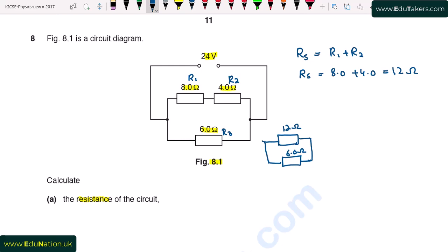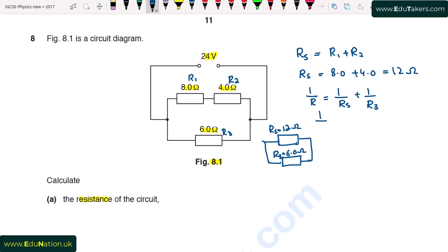Now we have to find out the total resistance of this parallel combination. I write here 1 over R is equal to 1 over Rs plus 1 over R3 because here it is Rs and here it is R3.